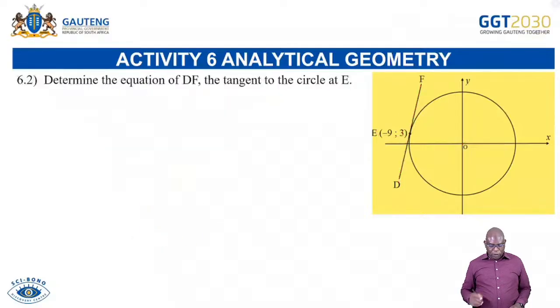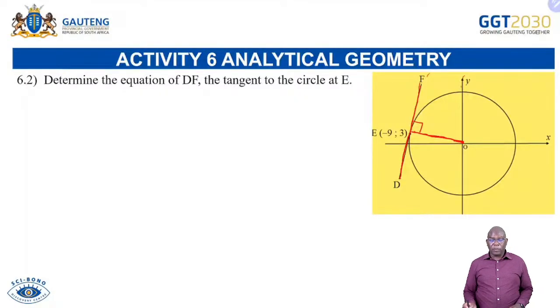Obviously, the next question will be to determine the equation of the tangent. See how steep that tangent is. Meaning that if I continue with that line here, it is going to touch up there, so my y-intercept will be positive. Now, for the equation of the tangent, I'm just going to interchange my methods because those two methods work nicely together.